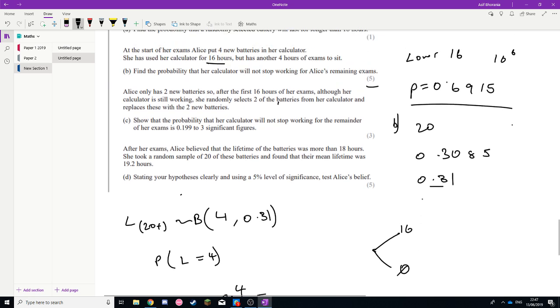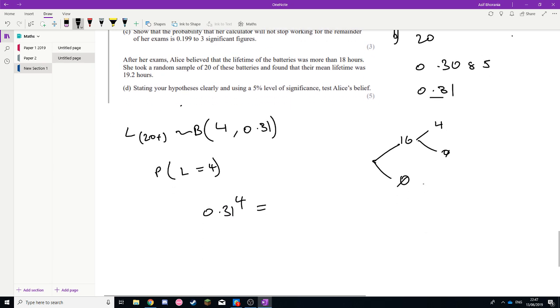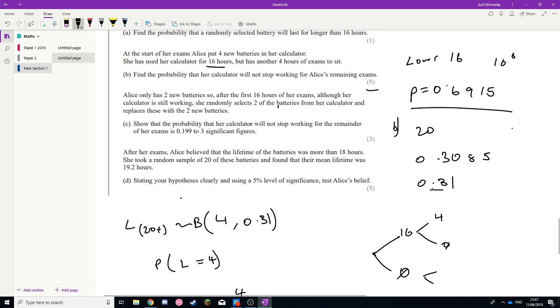And if it survives 16 hours, it can also survive another 4 hours or it cannot. I don't really care about those. What I care about is the probability that it survives 16 hours and it survives another 4 hours. I'm just trying to explain this correctly.